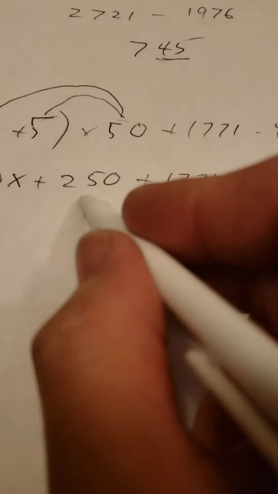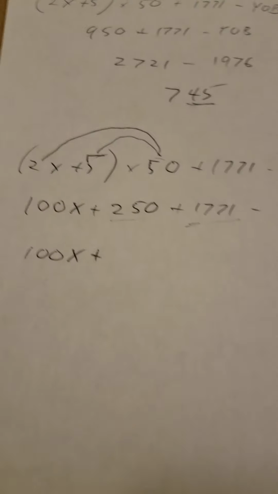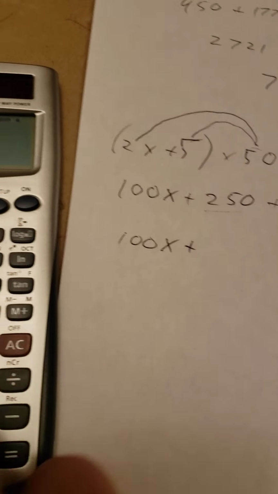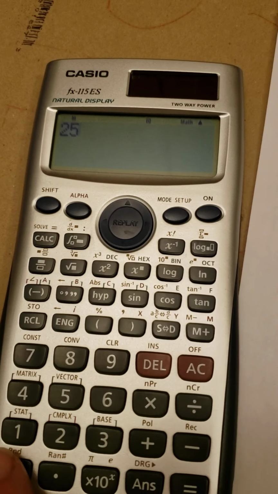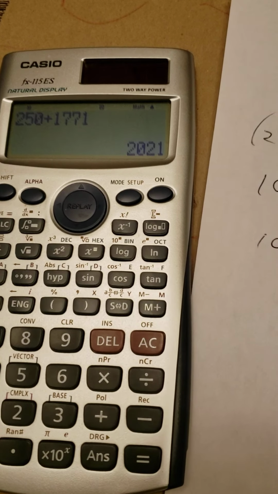What else can I simplify here? These two, I can combine those. So we got 100x plus, what's 250 plus 1771? 250 plus 1771 gives me 2021.